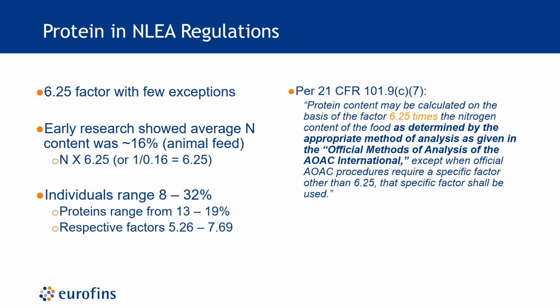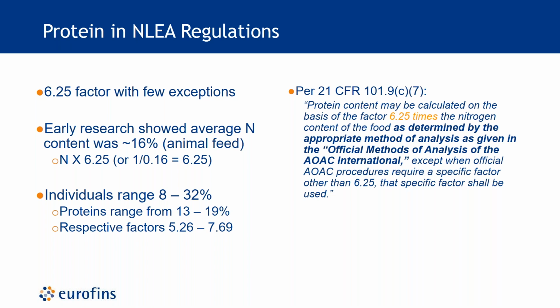Of course, with everything, there are a few exceptions. One that's notable and probably pretty common to most is dairy, and then there are some for wheats and grains and things like that. But generally speaking, especially in finished goods, 6.25 is the factor that needs to be used and is dictated by the FDA in the CFR.